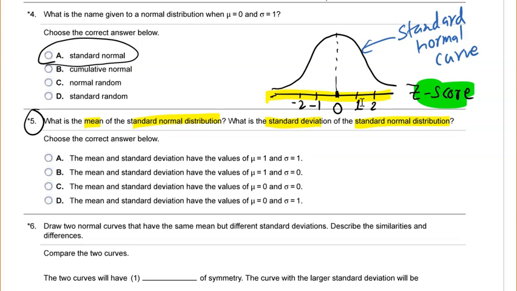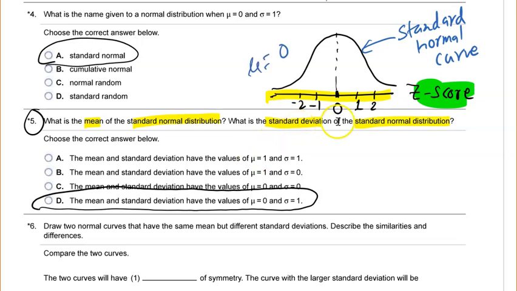Therefore, in this question, D is the answer. The mean and the standard deviation have the values mu equals 0 and sigma equals 1. Notice that for this standard normal curve, mu is 0, and obviously the standard deviation, sigma, equals 1. That's the answer for question number 5.